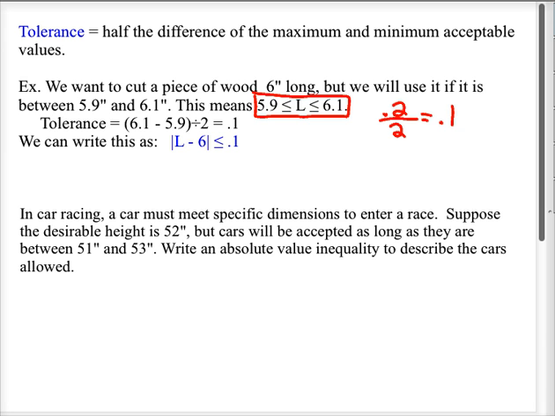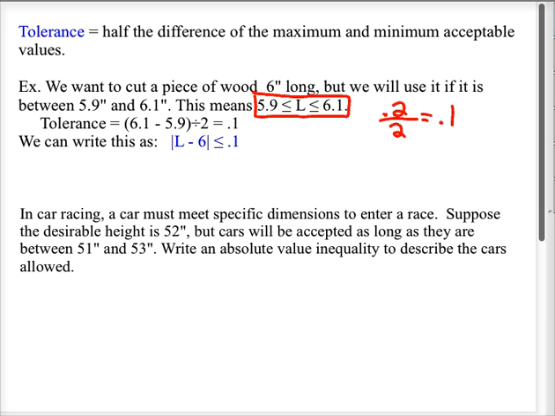Here we actually knew what the center was, so you could easily just say from 6 up to 6.1, or from 6 down to 5.9, is 0.1. You really didn't need this calculation, but it's still good to know in case that information isn't given to you. Again, the tolerance is the allowance in either direction, the fluctuation you can have, and in this case our fluctuation is 0.1.